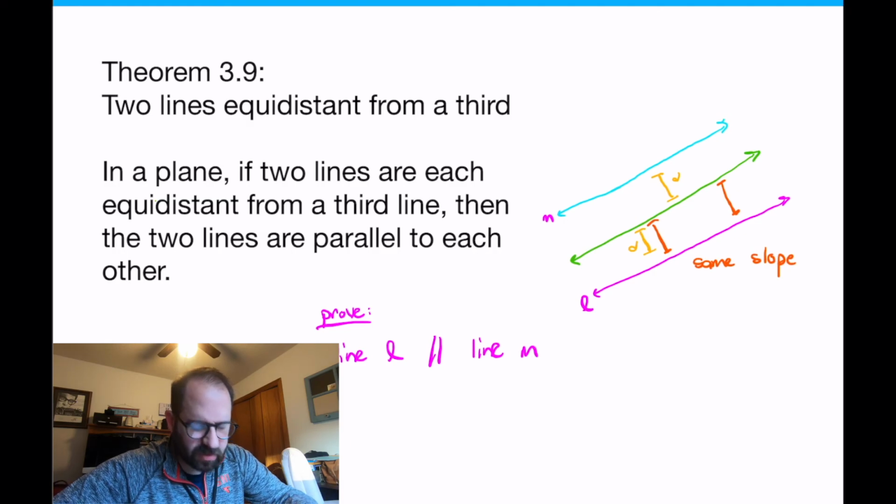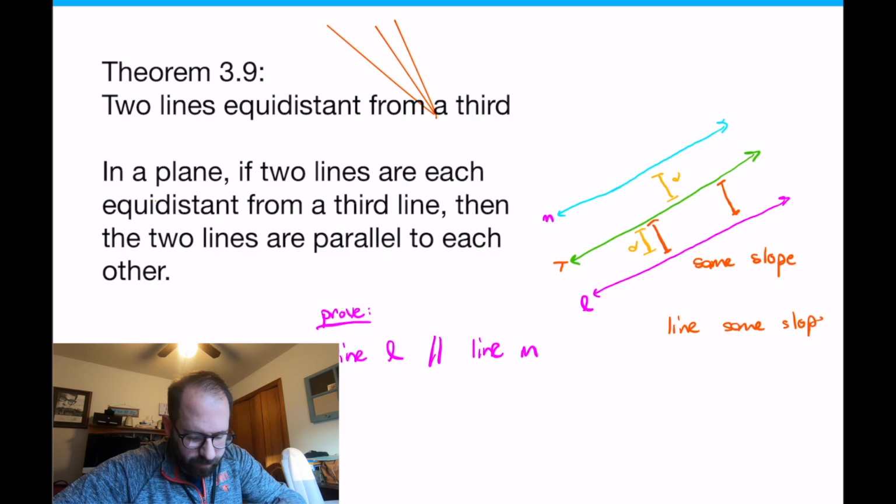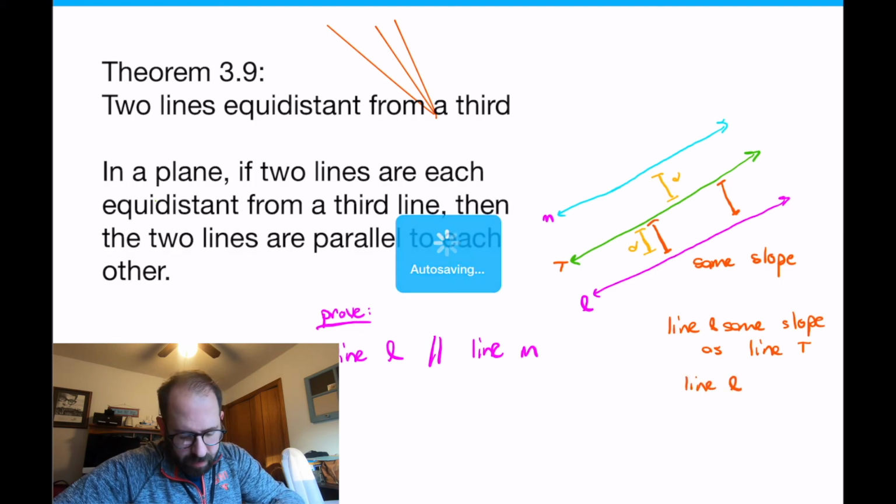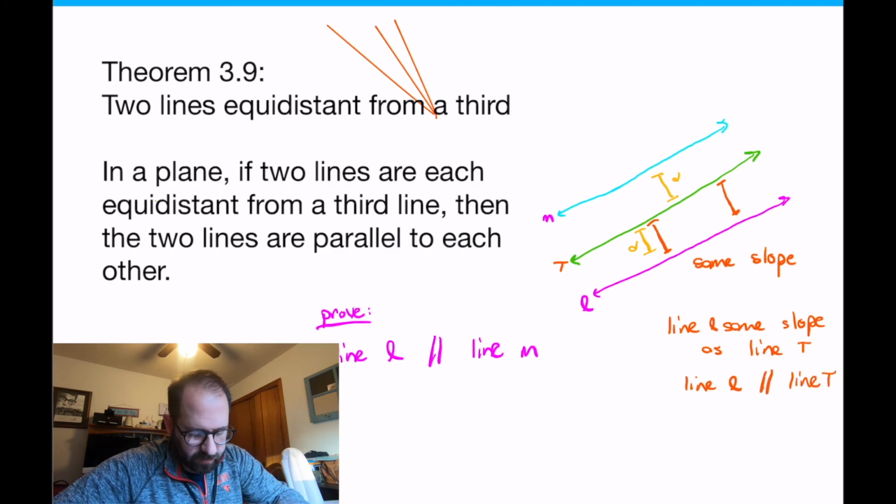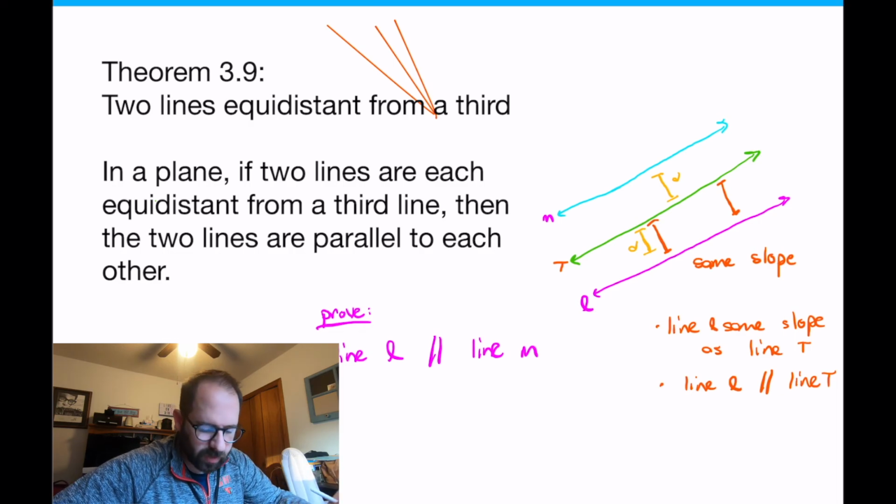Let's call this line in the middle line T. So line L has the same slope as line T, and so according to Algebra 1, line L is parallel to line T, because of that uniform distance between the two.